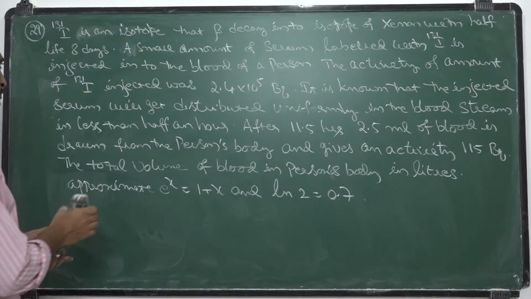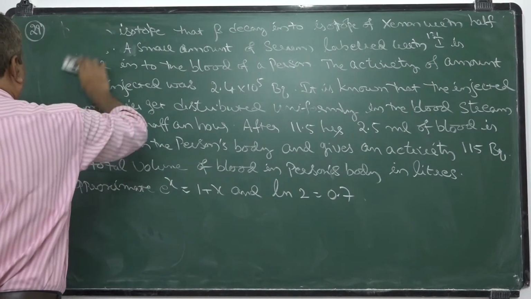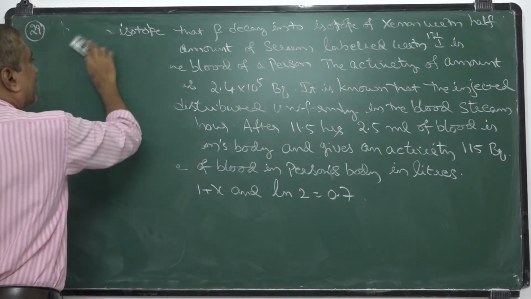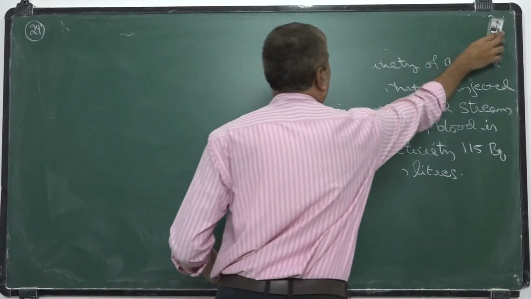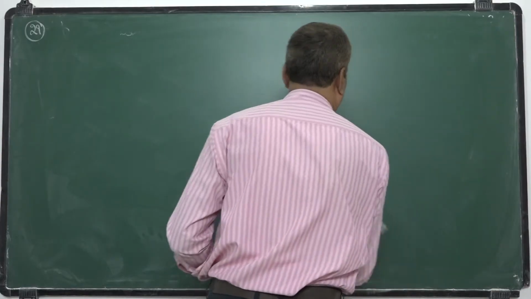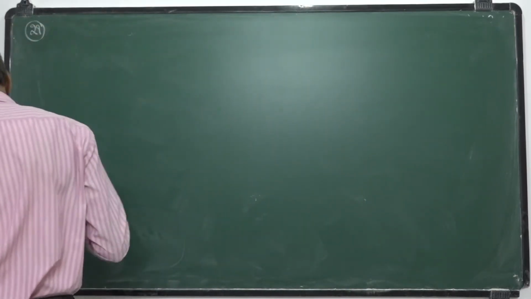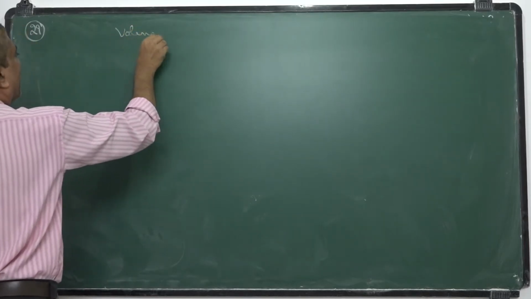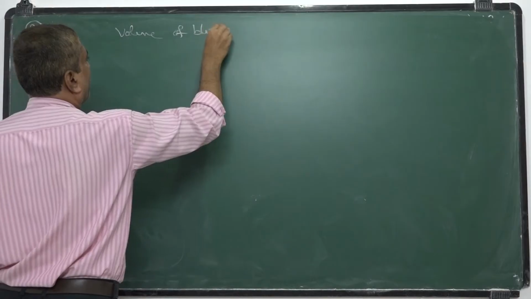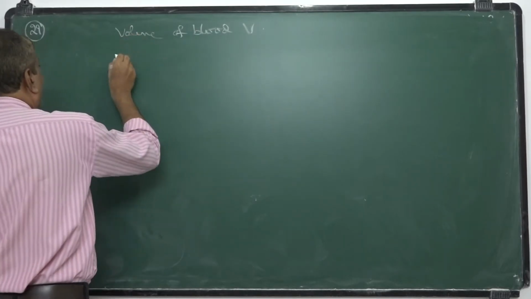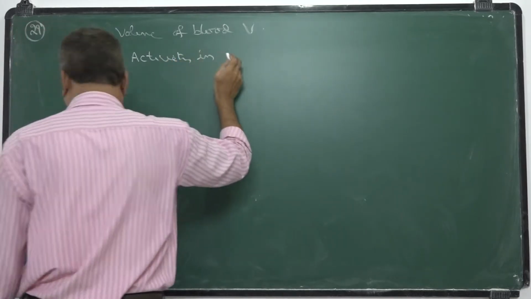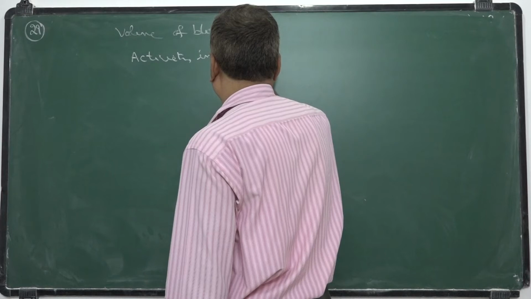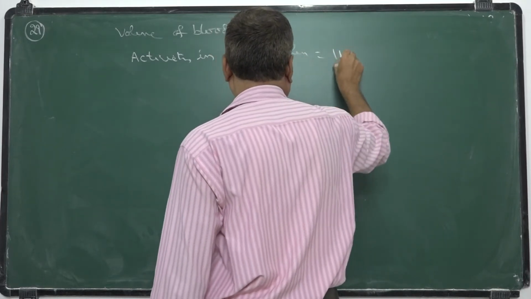Okay, now assume that the volume of the blood in the body is V. Now, the activity in 2.5 ml volume is 115 becquerel.